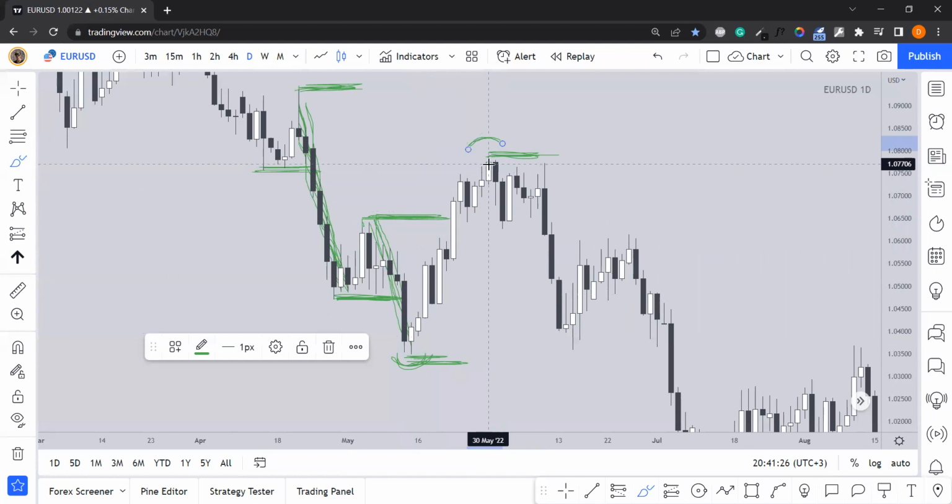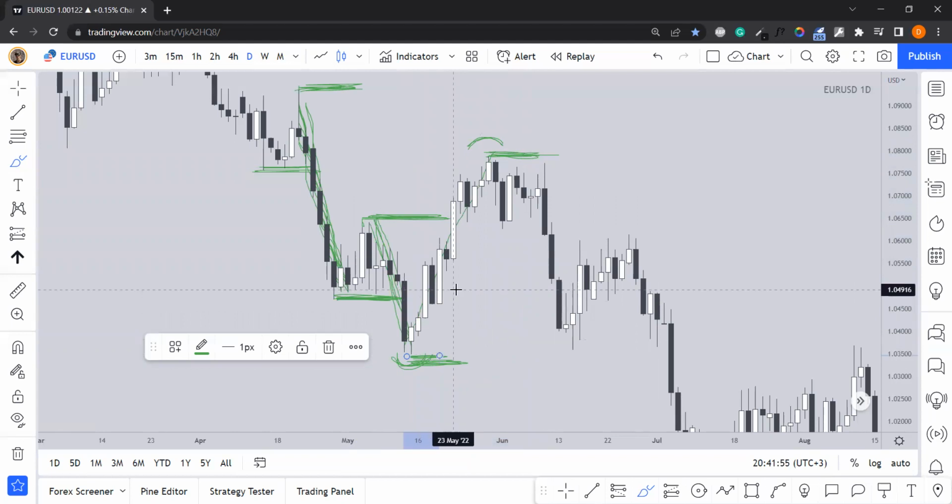So in this case, we need a candle that closed below the previous one. So in this case, it was this candle, this one. So that's why this is price expansion. This is the high, this is the low.